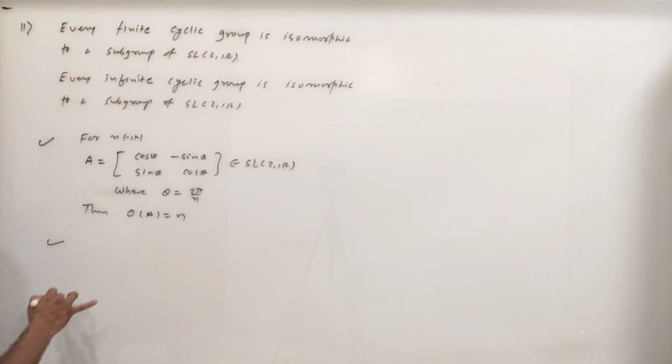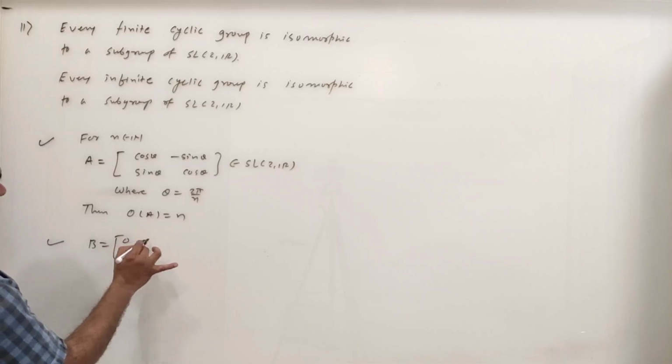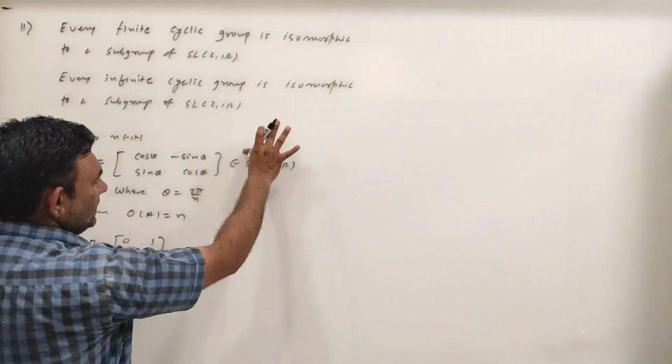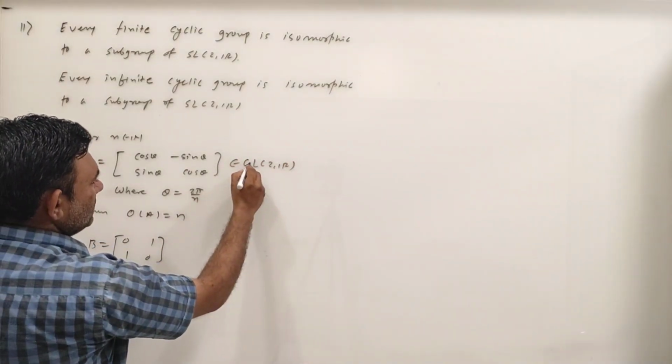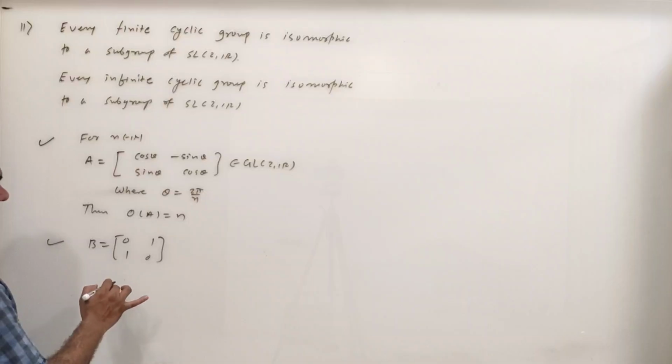Now second thing, you consider B equal to 0 1 1 0. Okay, this is an element of GL2R. Now you consider B equal to this, then what is the determinant of B?